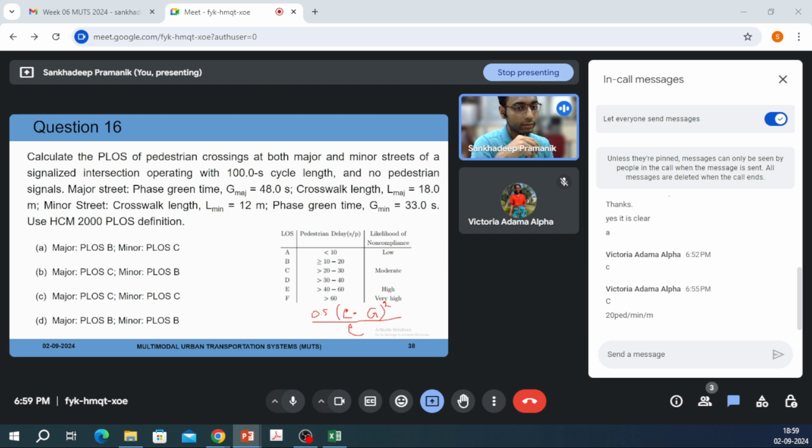In the lecture there may be given as 2 here, but this 2 will not come here. There is some mistake in the lectures, but this 2 will not come. This will be the formula.